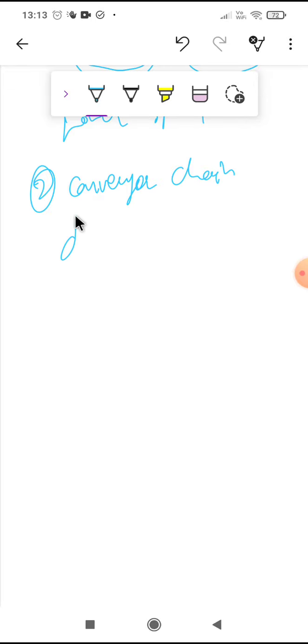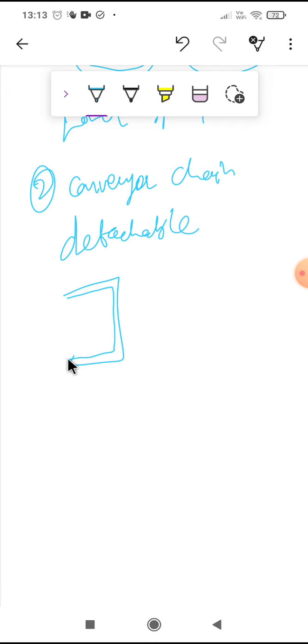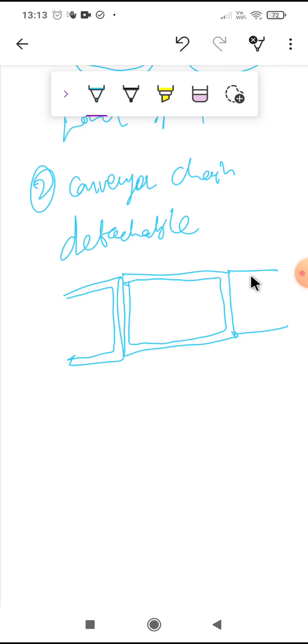So it will be detachable or a hook type, generally in this format. As you can see here, this can be easily detached.